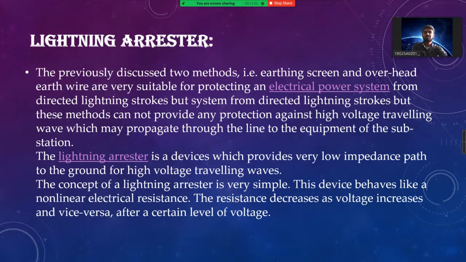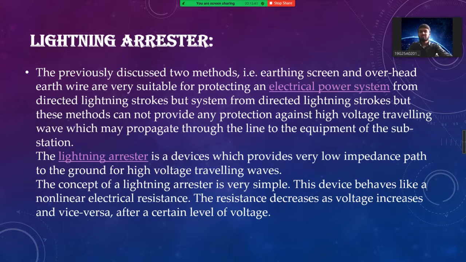The previously discussed methods, earthing screen and overhead earthwire, are very suitable for protecting an electrical power system from direct lightning strokes, but these methods cannot provide any protection against the overvoltage traveling wave which may propagate through the line to the equipment of the substation.